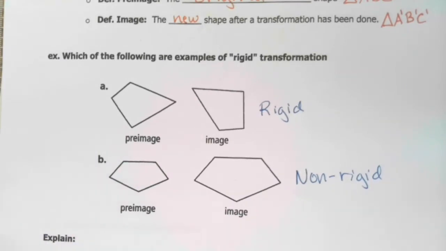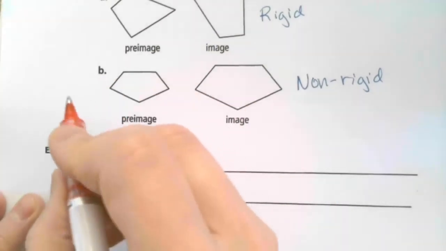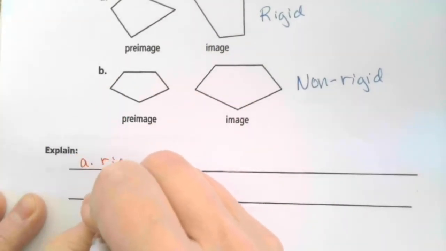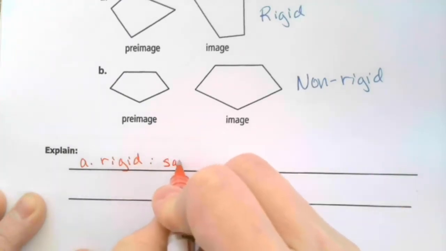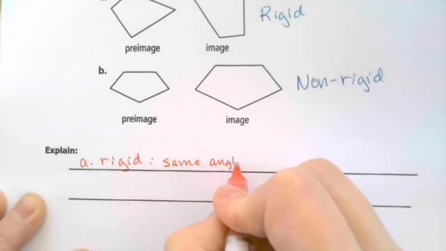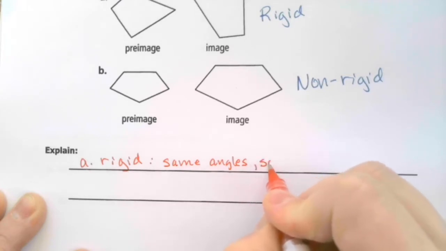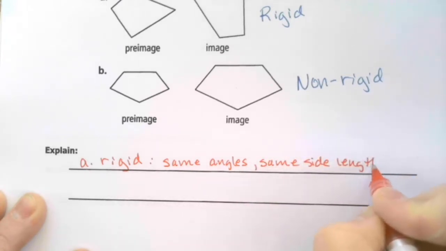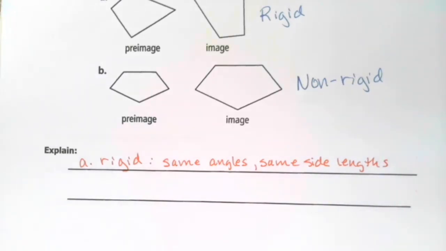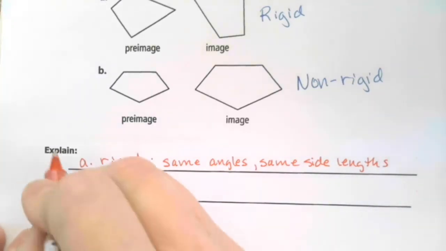Okay, so really quick recap. On part A, it was rigid, because it had the same angles and the same side lengths. The fact that it was rotated had nothing to do with it being rigid.